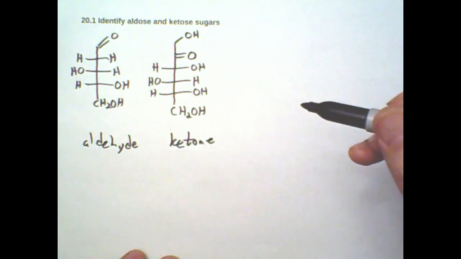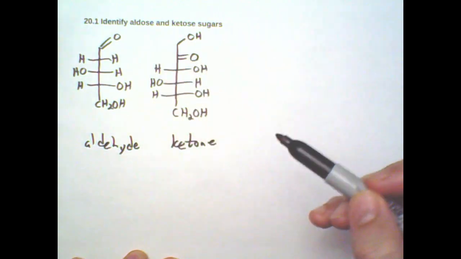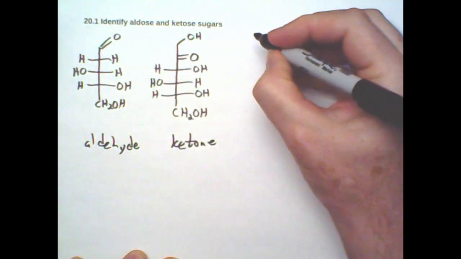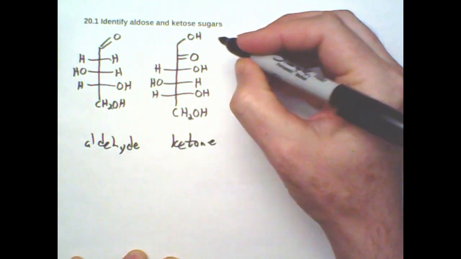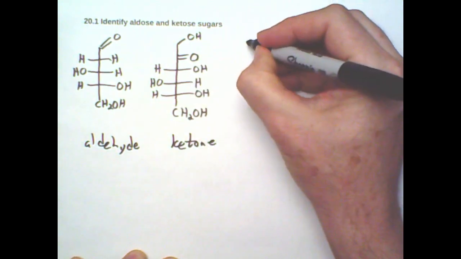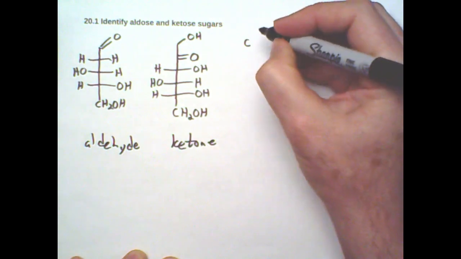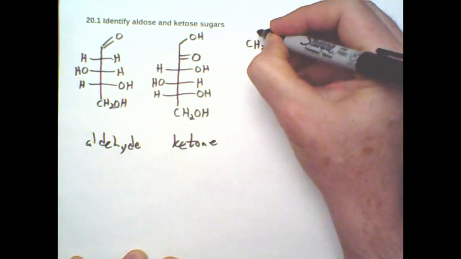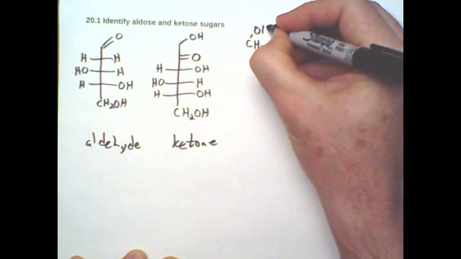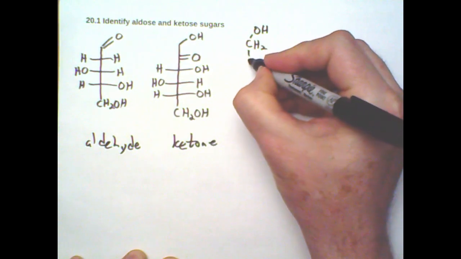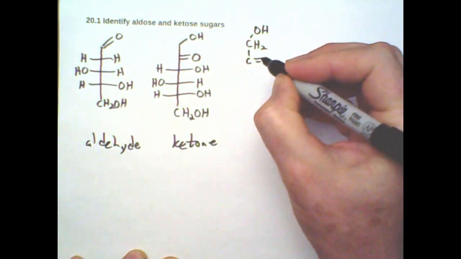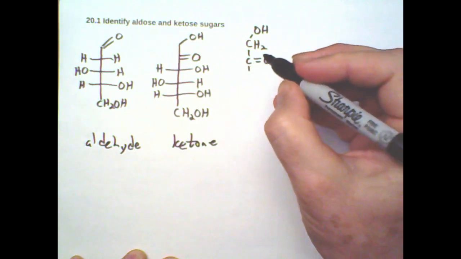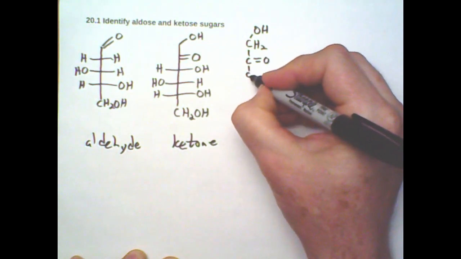You've got enough to solve basic problems, but going a little deeper, this is one way, called a Fischer projection, of representing sugars. I don't care if you know the names, but I'm going to go through and draw what it means.